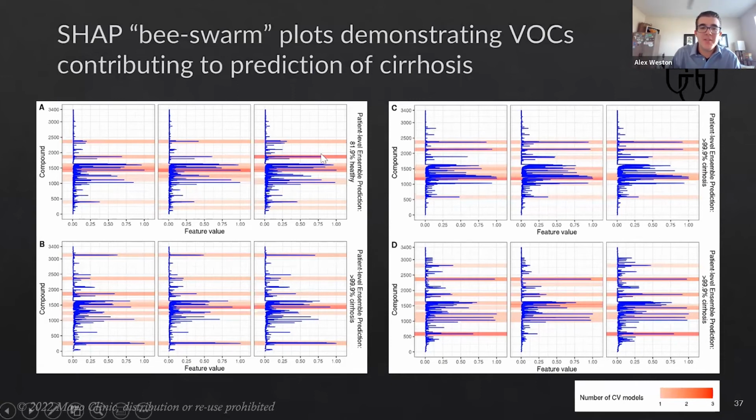Some of these peaks are very large, but also some of these that are being picked up are very small. So hopefully what this means is our deep neural network is identifying constituent molecular features, regardless of their magnitude, that are consistently contributing to a prediction. So hopefully we're gleaning more information out of these spectrograms than just identifying the largest peaks.